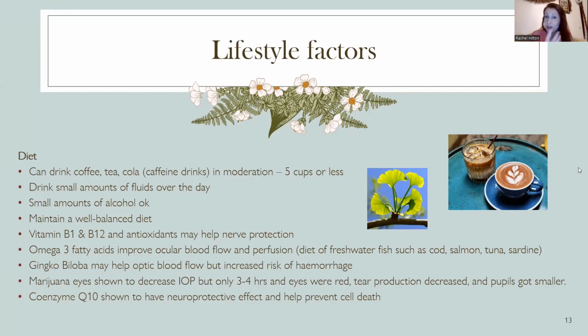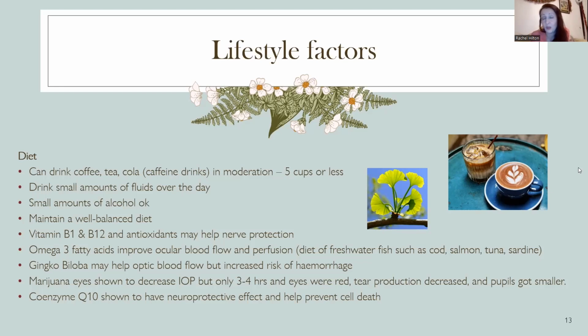Omega-3 fatty acids, those things that are in freshwater fish, there is some evidence to show that they improve ocular blood flow, and you will hear about supplements such as ginkgo biloba, which does also improve ocular blood flow, and it does work for that. It is a blood thinner at the same time.